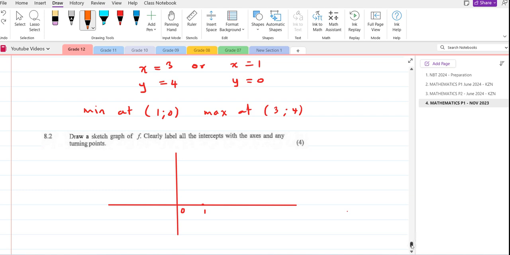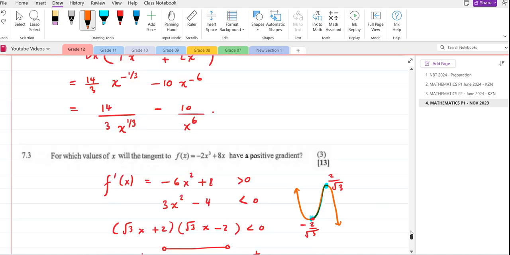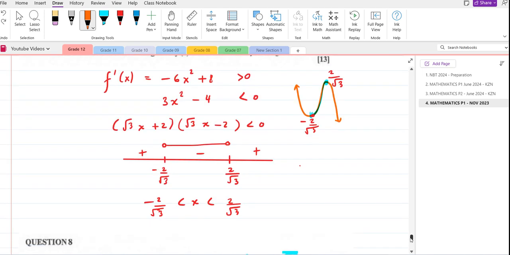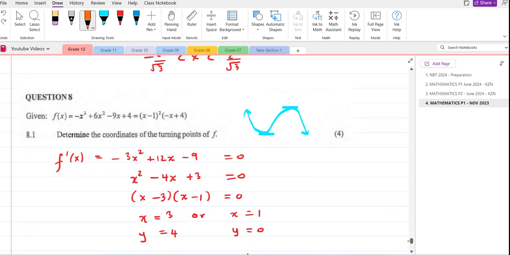What are the x-intercepts? The x-intercepts are 4 and 1. There's 1 here, there's a value 3, so the next intercept will occur here, and the y-intercept is somewhere around there, which is 4. The value of 4 is a y-intercept.